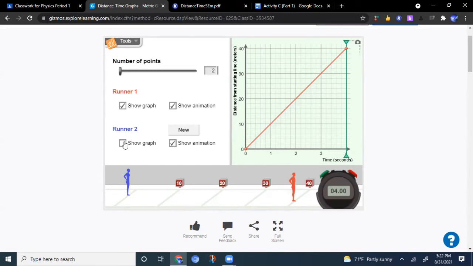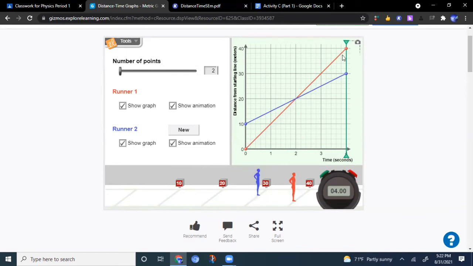Well, actually, yeah. Runner 2, I could start runner 2 at a different point. Like I could start runner 2, let's say here at 10, and let's say runner 2 only gets to that point right there. Well, resetting this, you can see runner 2 has a head start. Runner 1, way back. But when we go, runner 1 passes runner 2 and ends up at the finish line first.